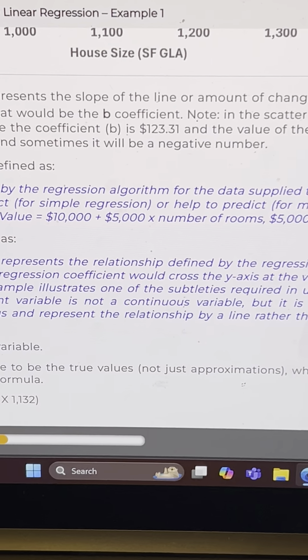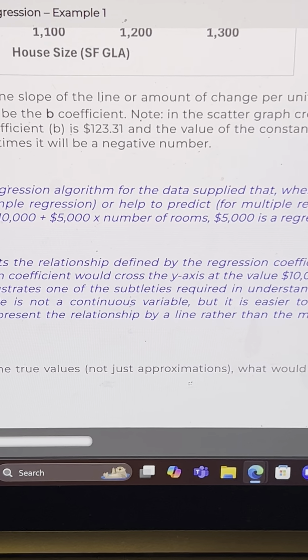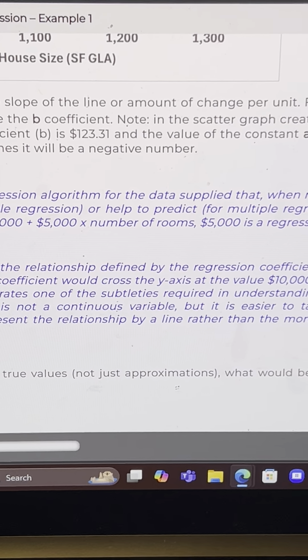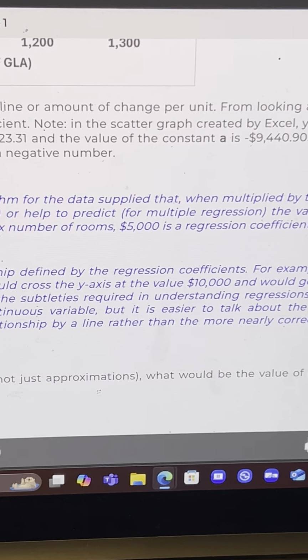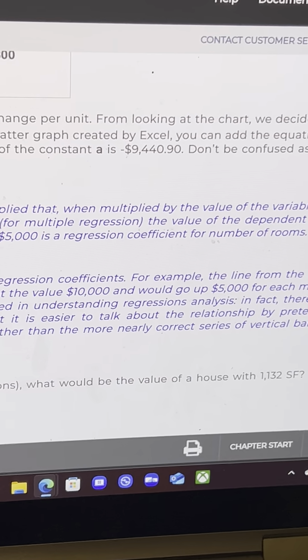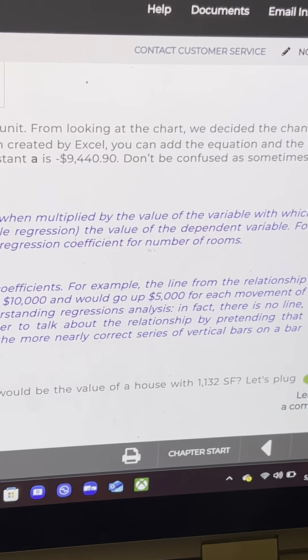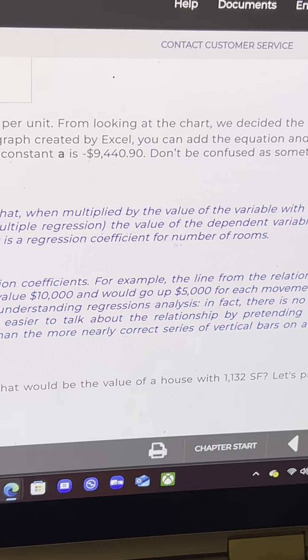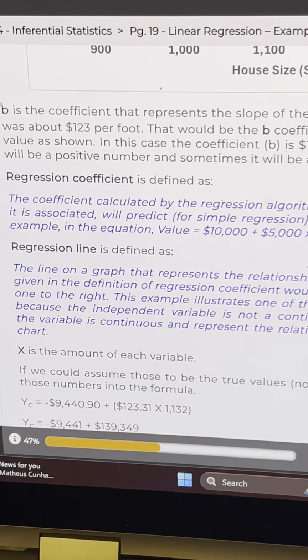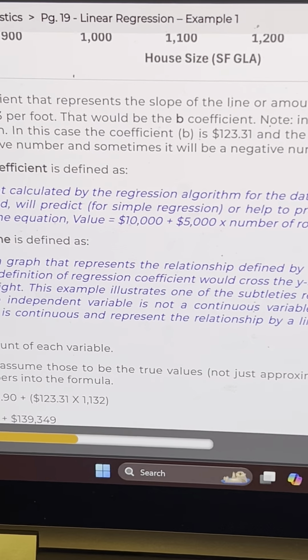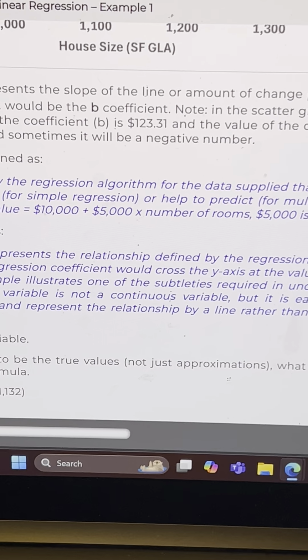This example illustrates one of the subtleties required in understanding regression analysis. In fact, there is no line because the independent variable is not a continuous variable.